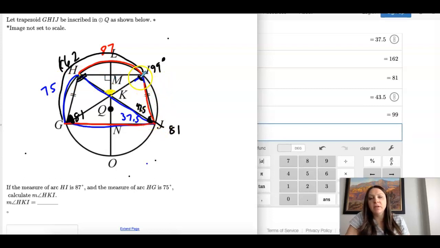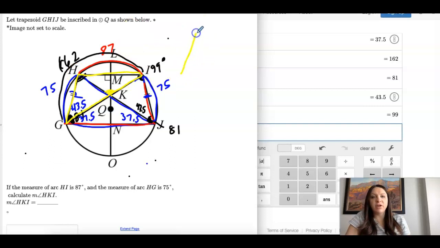Let's see. Let's use our arc lengths that we have here. So if that's 75, these are congruent because of this, right? This would be 75. That would be 37.5, 43.5. I'm just labeling everything I know, guys. Okay, so now I'm going to look at this triangle right here, where I know two of the angles.